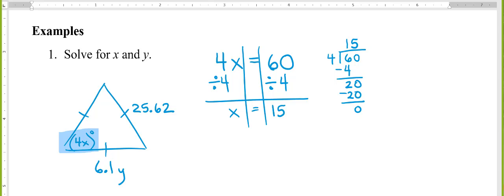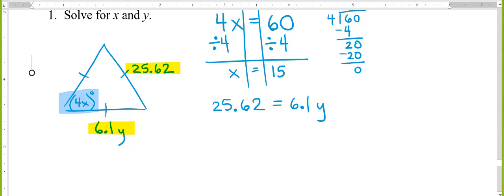Let's go talk about the sides. Those sides are equal, right? Yeah. Aubrey, give me an equation. 25.62 has to equal what? 6.1 y. My handwriting's not all that great, sorry. Fine. All right, we want to get y by itself.